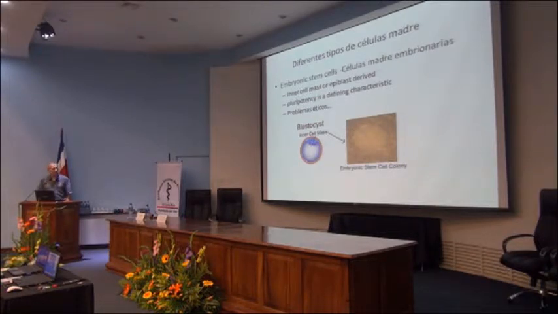And Dolly the sheep was derived from an egg cell, an oocyte, where the nucleus had been removed and the nucleus of another sheep implanted. They took the nucleus from adult tissue of a sheep and implanted it into an oocyte, an egg cell of which the nucleus had been removed.